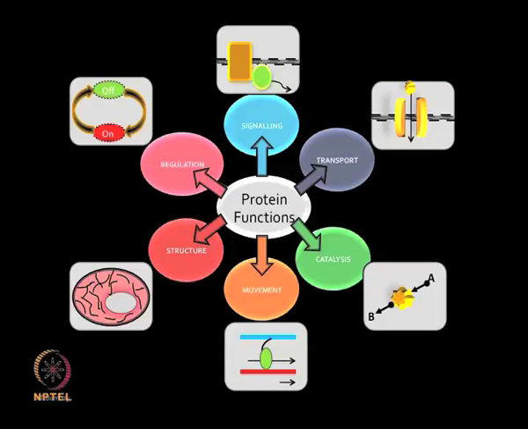Transport and storage: proteins can transport small molecules such as oxygen and iron. Proteins are involved in movement, such as muscle contraction. In microorganisms like bacteria, chemotaxis. They are also responsible for mechanical strength, for example in skin and bones, where collagen and keratin are examples of mechanical strength.